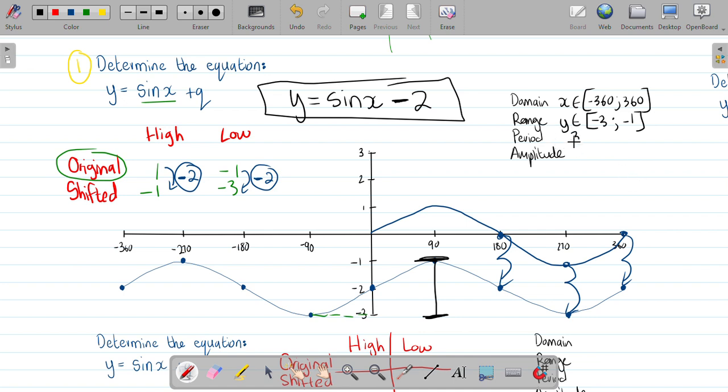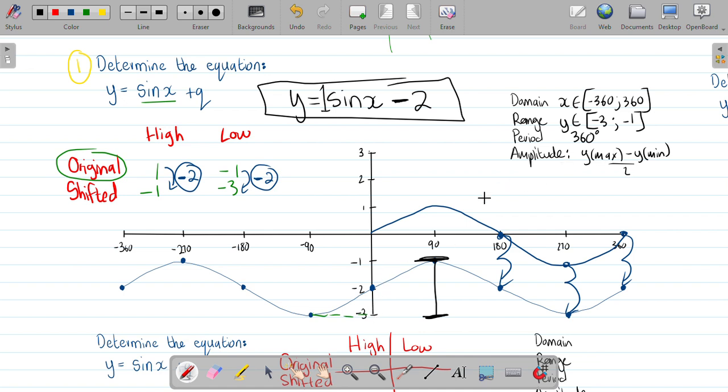The period always for a sine graph is 360 degrees in grade 10. And then the amplitude, remember I told you how to do it. There's a little cheat code, it's going to be 1 because it's whatever's in front of that, or you can calculate it with the formula I gave you: the maximum y value minus the minimum y value, divided by 2.